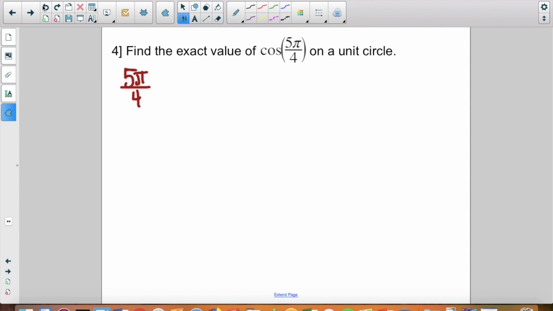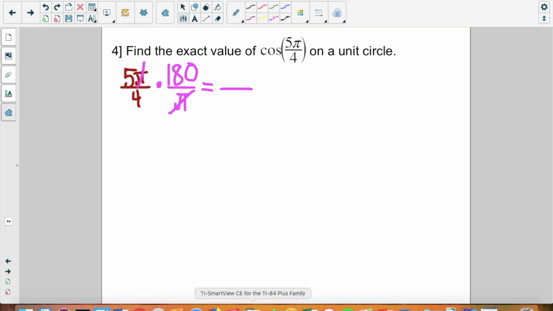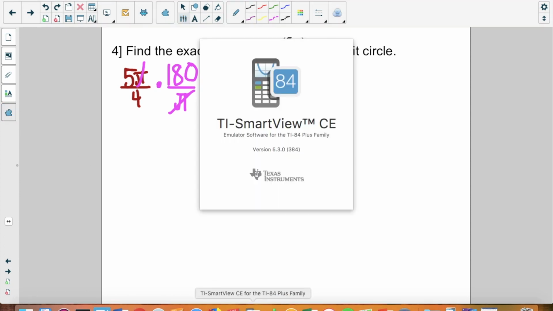To convert from radians to degrees, you have to multiply this by 180 over pi. When you do this, the pi's, since one's on the top and one's on the bottom, cancel out. And then you can open up your calculator to see what this will simplify to.